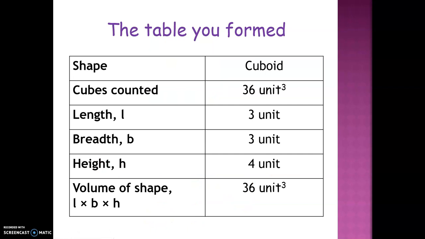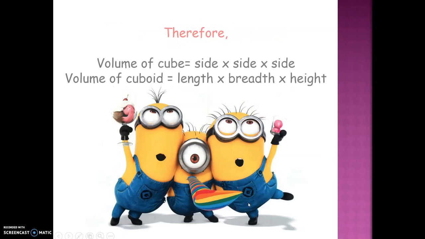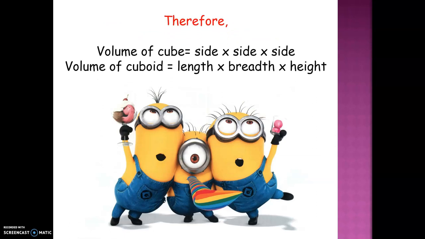So let's see the table in which the shape is cuboid. When we counted, we found 36 unit cube. And when we use the formula for cuboid, length times breadth times height, we got 36 unit cube. Therefore, volume of cube is equal to side multiplied by side multiplied by side, where length, breadth, and height, all 3 dimensions, will be the same.